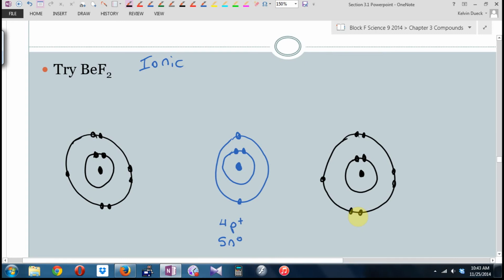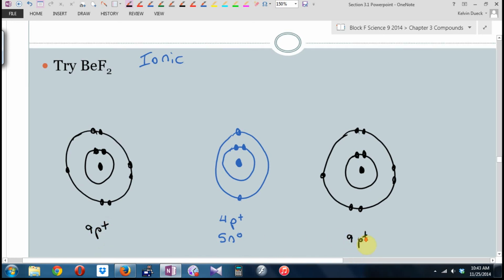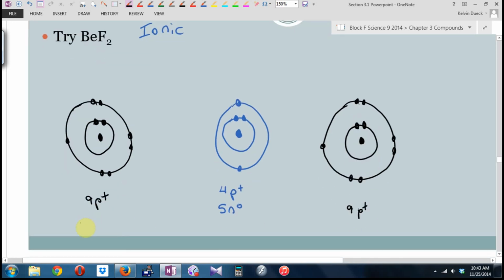The black stuff, write down, absolutely. Oh, I forgot to do how many protons, how many neutrons does fluorine have? How many protons does fluorine have? So 9p plus, 9p plus, and how many neutrons? 10 n zeros, 10 n zeros. Okay.